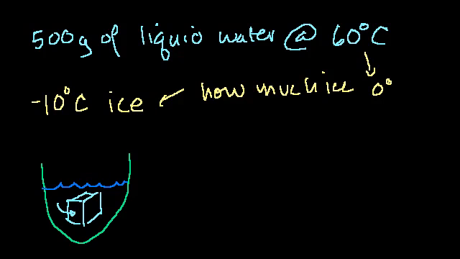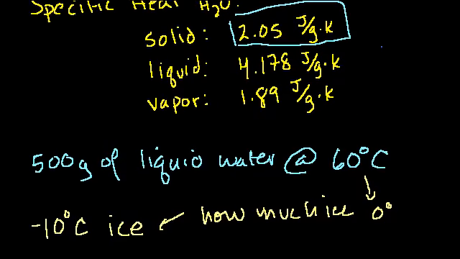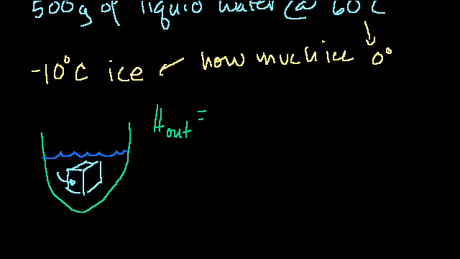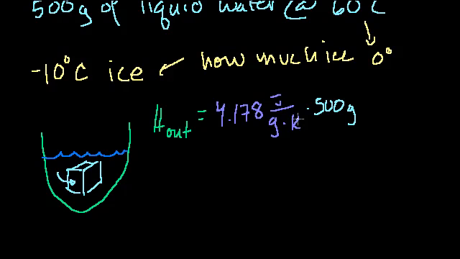So the heat out of the water is going to be the specific heat of water, which we have from our previous videos, 4.178 joules per gram Kelvin, times the number of grams of water I have to cool down, 500 grams, and then times the temperature differential that we care about.